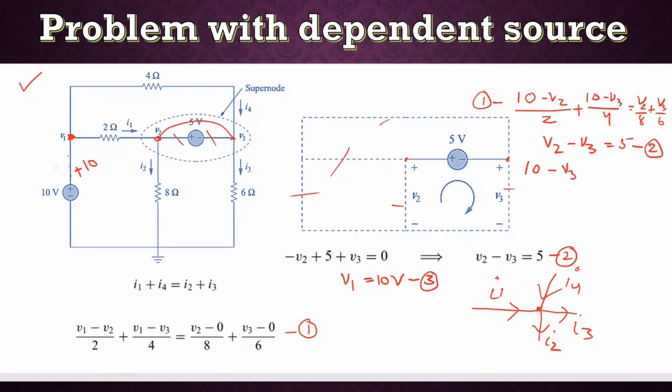So (5 minus V3) by 2 plus (10 minus V3) by 4 is equal to V2 by 8, that is (V3 plus 5) by 8, plus V3 by 6.